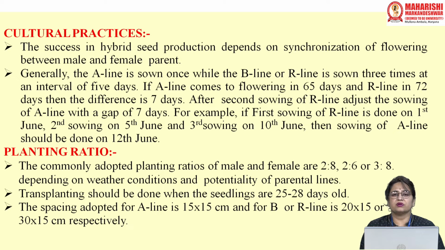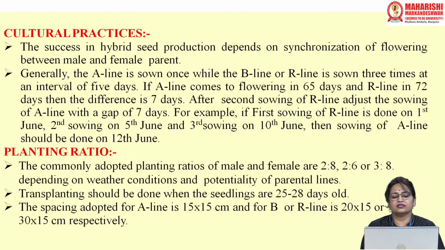So, the maximum number of rows will always be of female, and the role of the male is only to give the pollen grains to the female, as a facilitator. So, the fewer rows will be of male parent and the maximum number of rows will be of female parent, because seed always comes on the female parent. That depends on the weather condition and the potentiality of the parental lines.